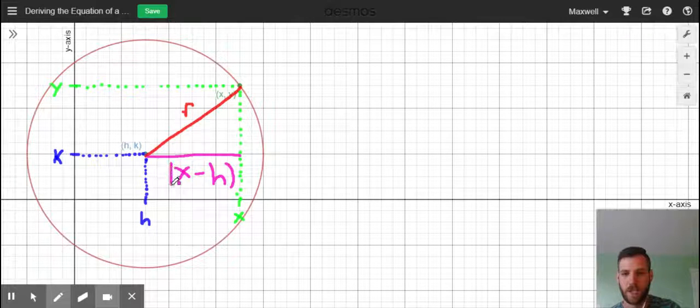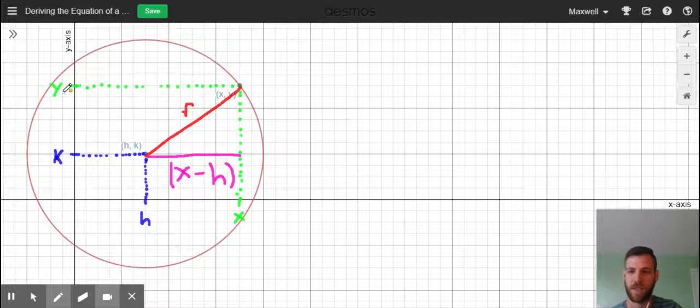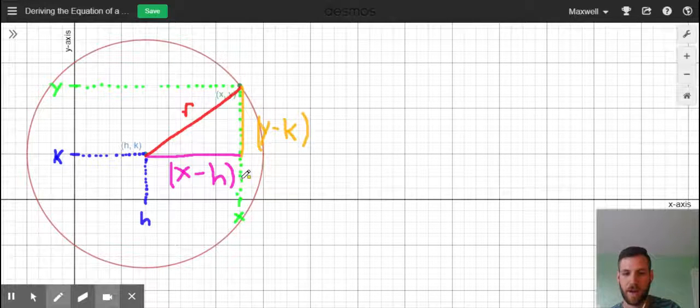And so that would give us that length of that purple line. Let's do the same thing with the difference between y and k. So now I could draw an orange line right here for that line between those two. So that would just be y minus k. And I can write that right next to it in the same color, have that lined up.